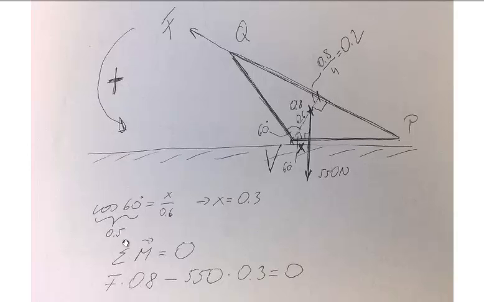We'll use that the sum of the moments is 0. This is our positive direction.